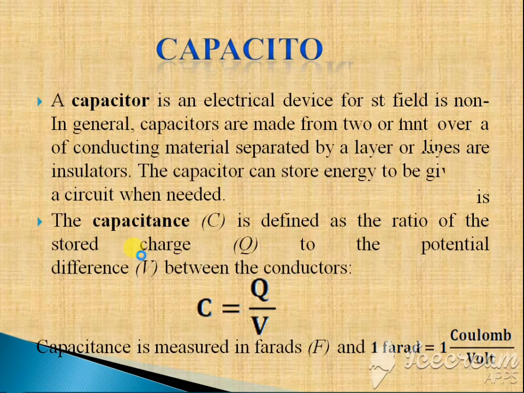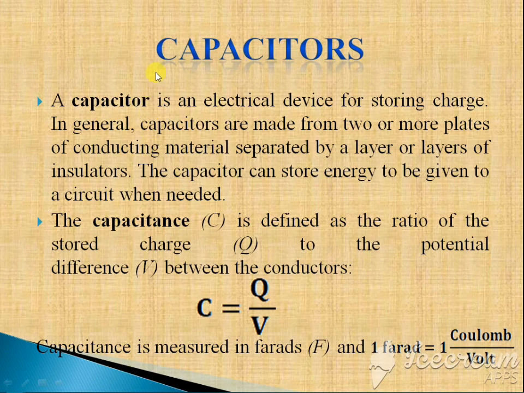Now the capacitors. What are capacitors? A capacitor is an electrical device for storing charge. Generally, capacitors are made from two or more parallel plates of conducting material separated by a layer or layers of insulators.